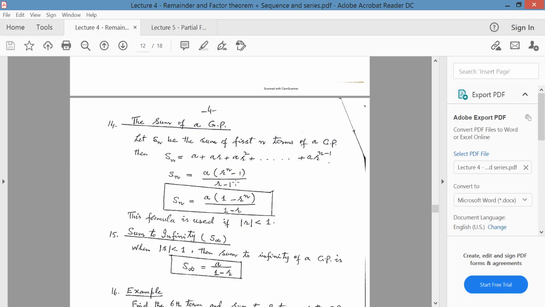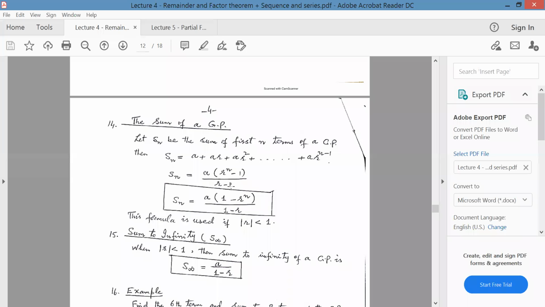If you multiply numerator and denominator both with a minus sign, तो कोई फर्क नहीं पड़ेगा. But it will look different in shape. इसको आप minus 1 से करें, ये minus हो जाएगा और this will become plus. The term in the bracket will become 1 minus r power n that I have written.